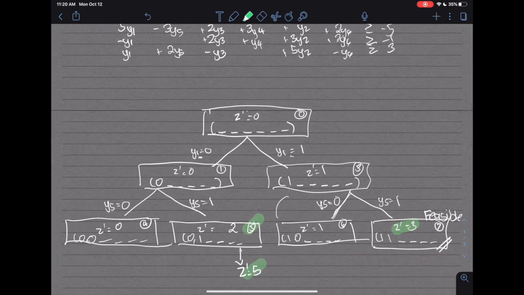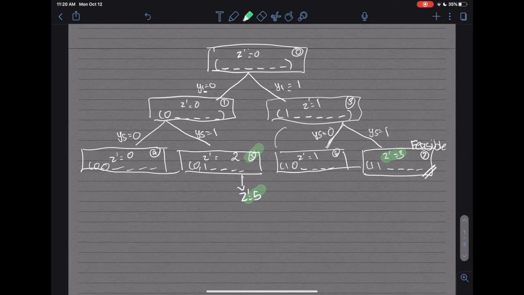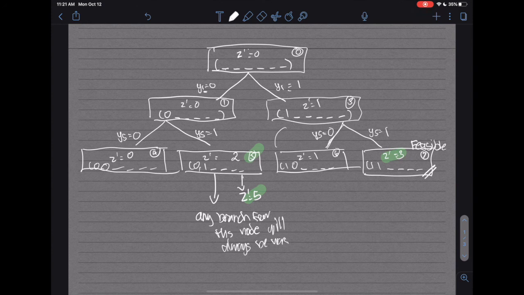And since 5 is not less than or equal to 3, any other branch from this node will always be worse than node 7. Since any branch of it will be worse than node 7, we can stop.